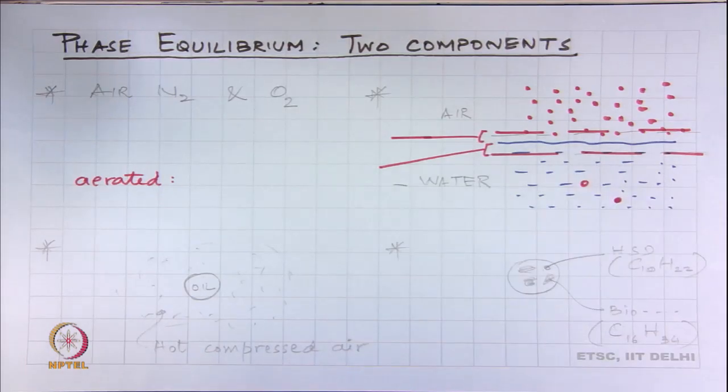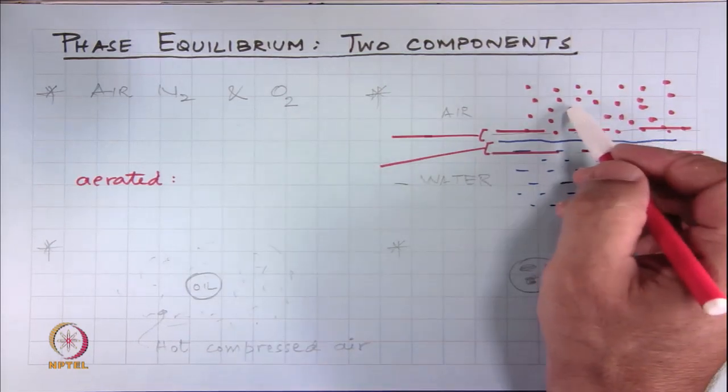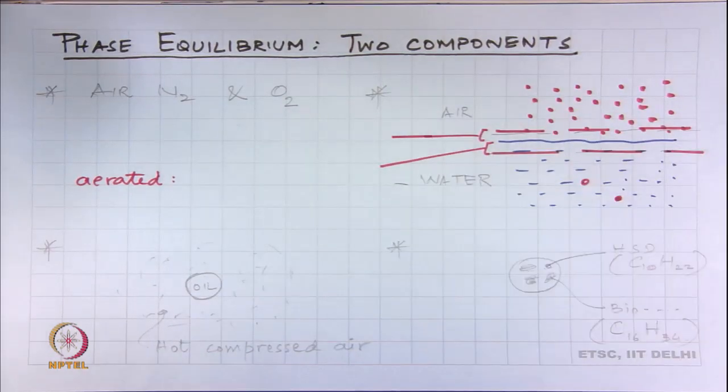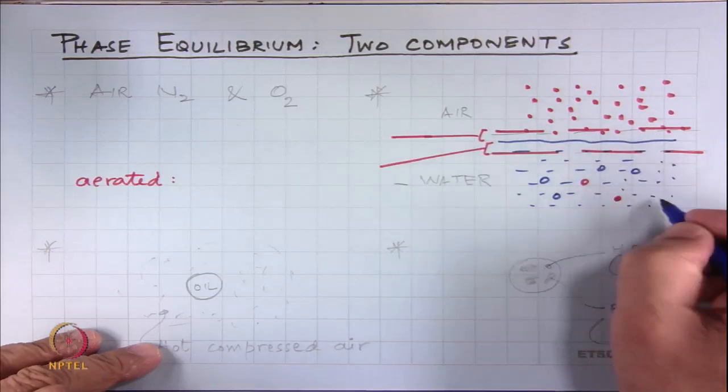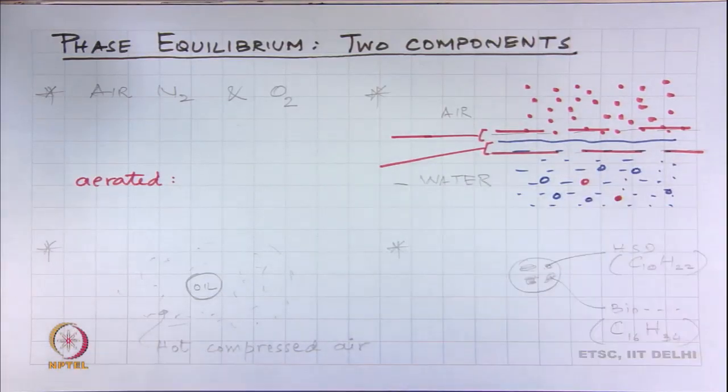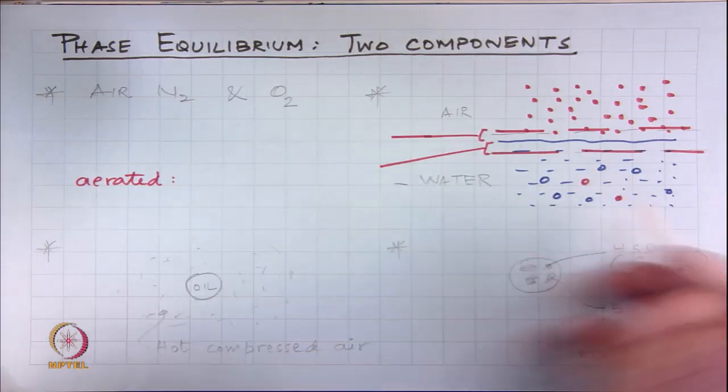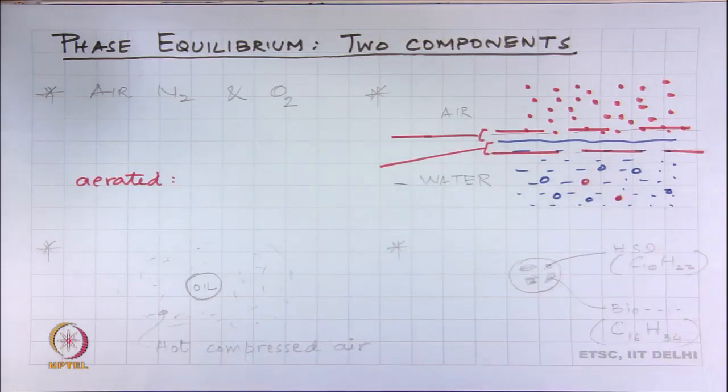Another example: if instead of air we have carbon dioxide and we pressurize it, we have pushed carbon dioxide molecules into the water and got what we call a carbonated drink. These are the type of applications we can look at.